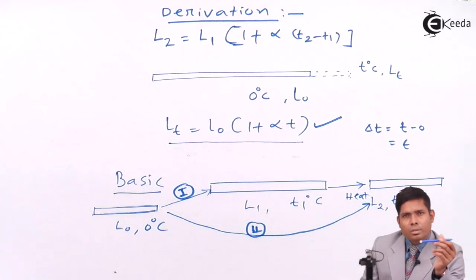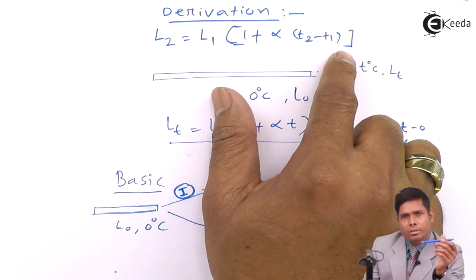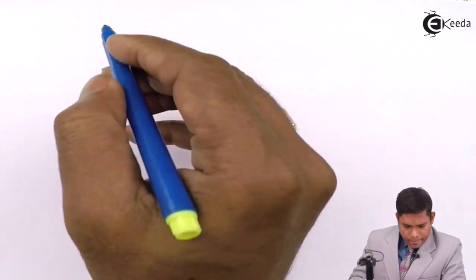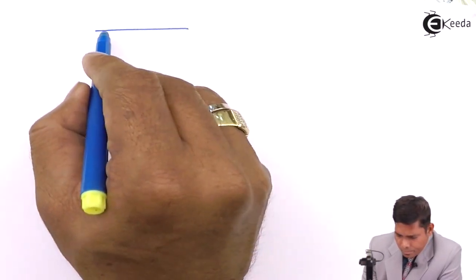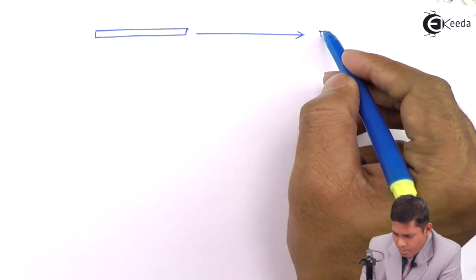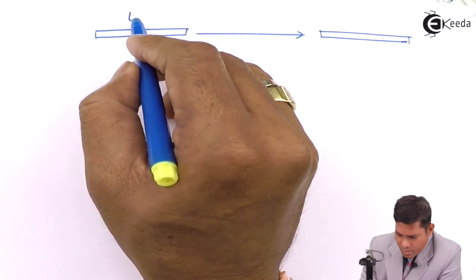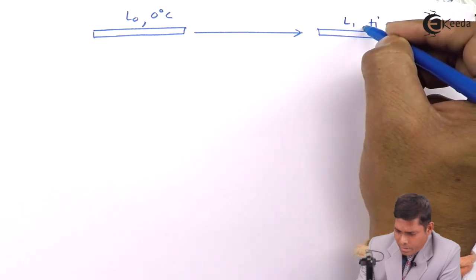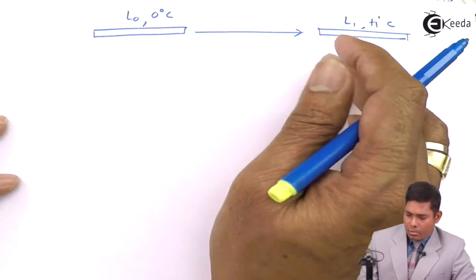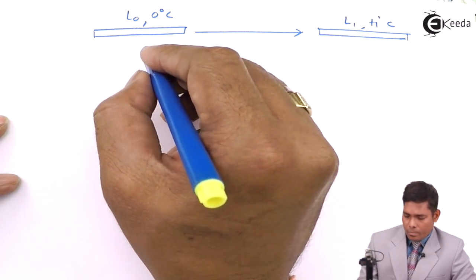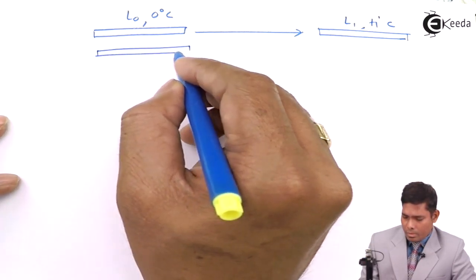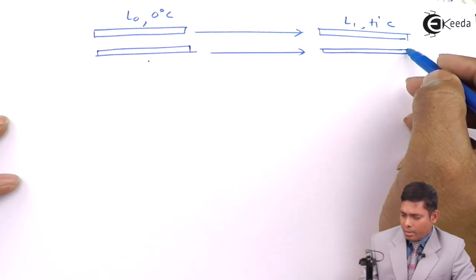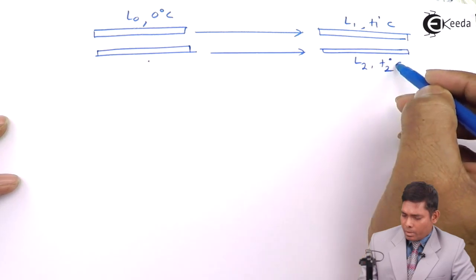Write those two equations, then divide them to get the relation. So one equation is for length L1 at T1 degree centigrade. First we write the equation for this. Another situation is that from the same 0 degree centigrade you heat it to another length L2 at temperature T2 degree centigrade.